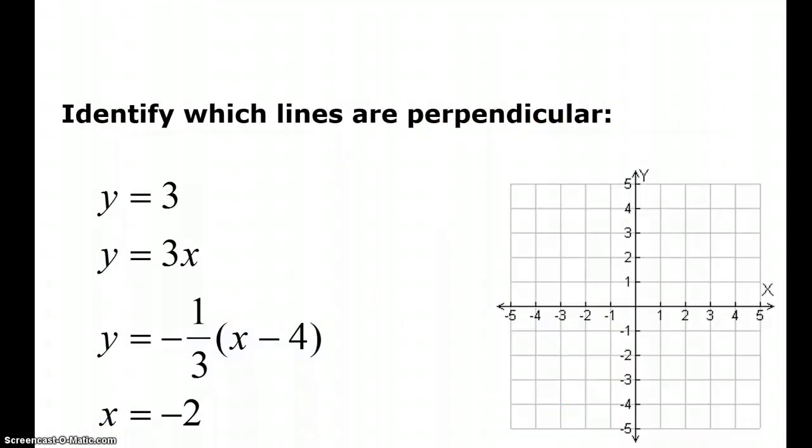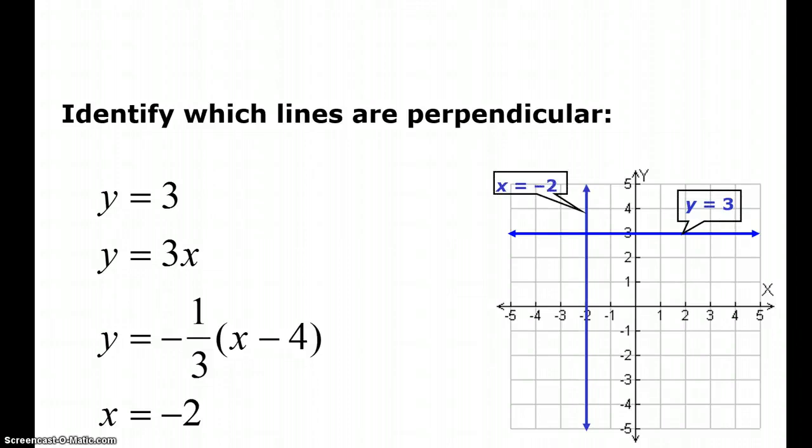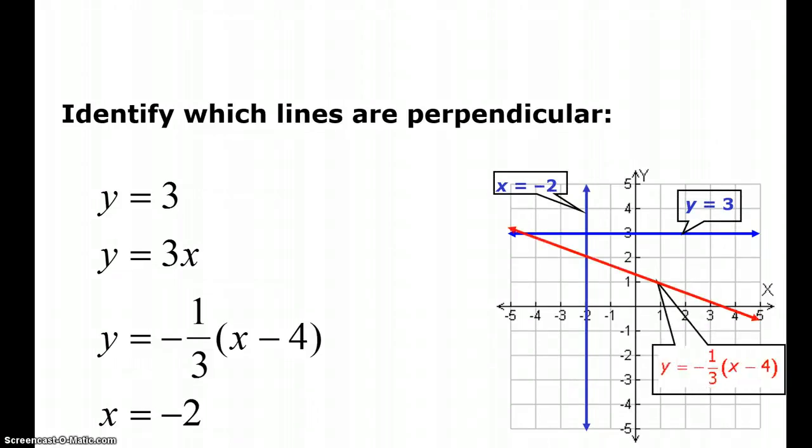We did something like this yesterday, so this should look very familiar. First thing we're going to do is we're going to get them in slope-intercept form, and then we're going to check the slope of them and decide which is opposite and reciprocal. So this one here is easy. We've already got the slope sitting there. We can clean this one up a little bit.